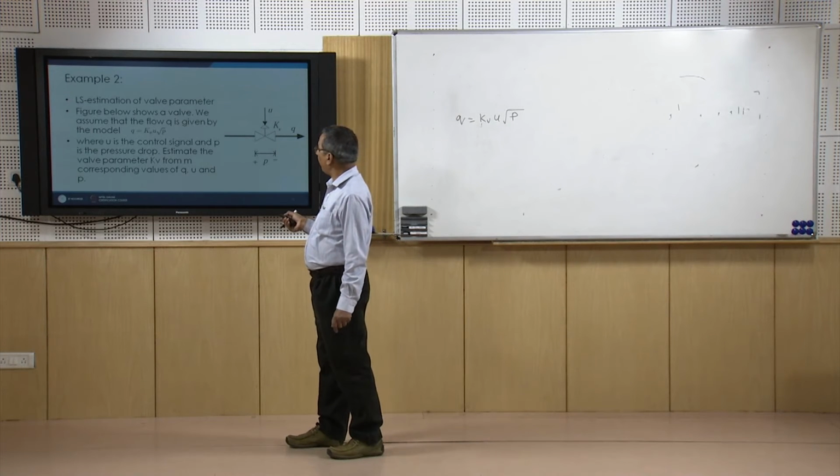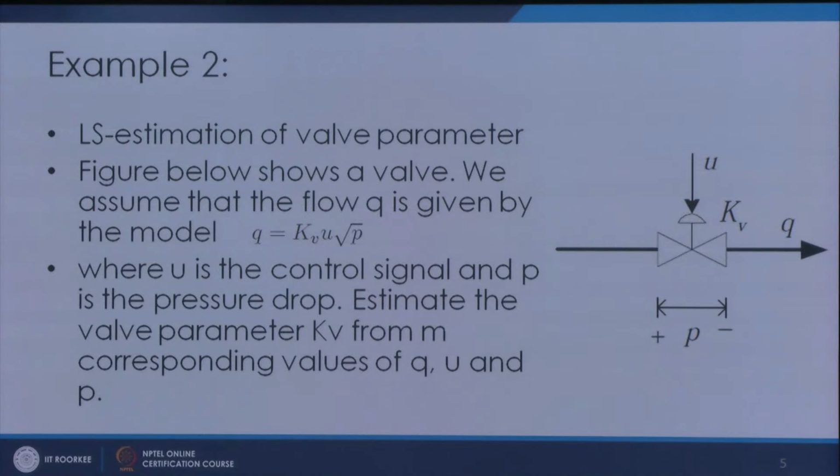We are not aware of the value of this KV. As I was telling you, U is our control signal and P is the pressure drop. Our aim is to estimate the valve parameter KV from M corresponding values of Q, U and P.